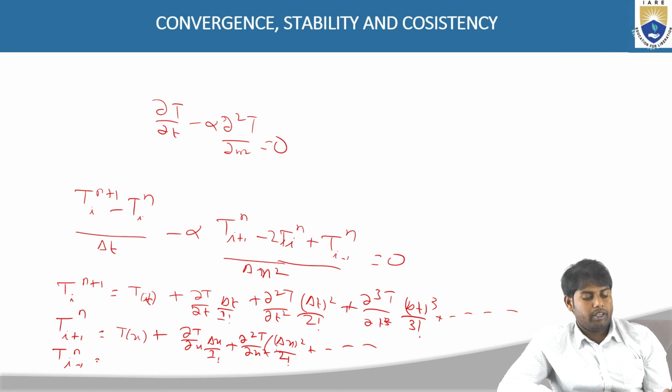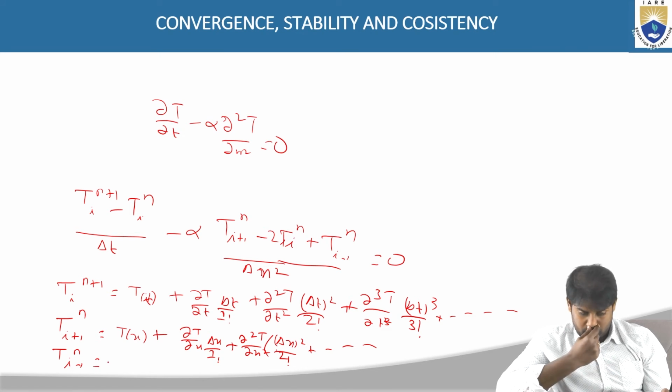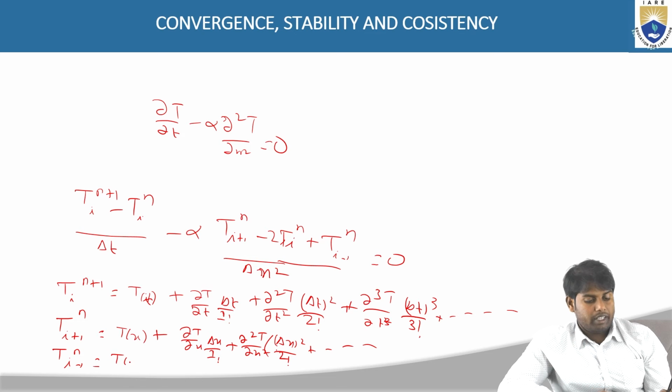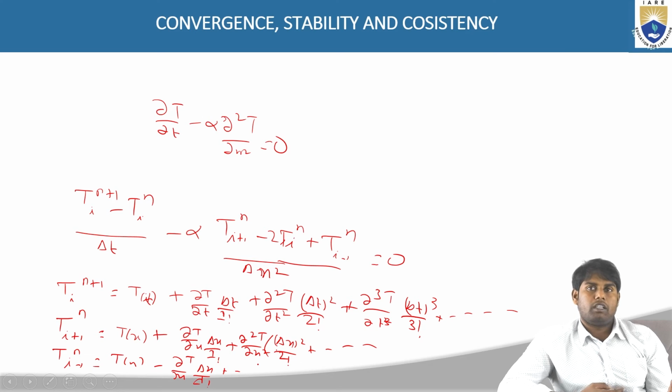So here you have the term T of x minus ∂T/∂x into Δx by 1 factorial, plus so on. So the odd terms are negative.